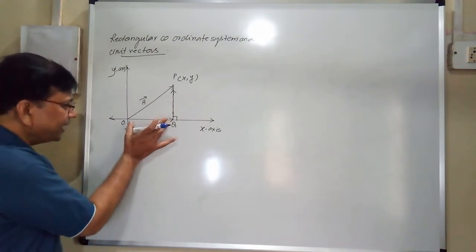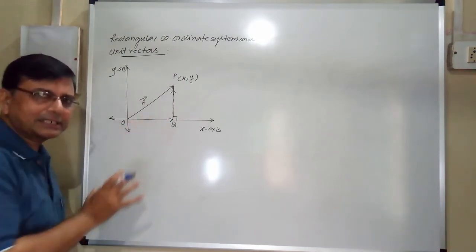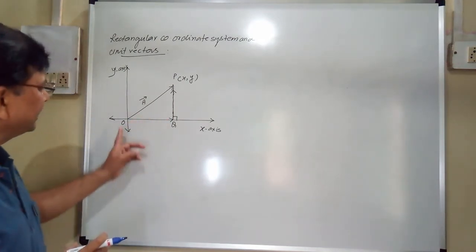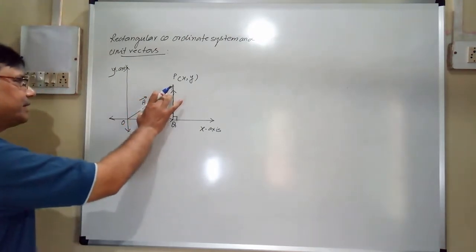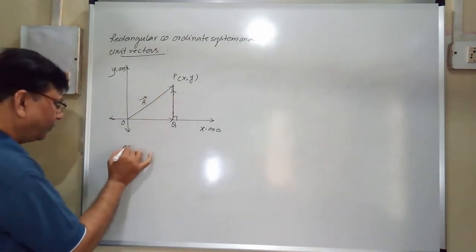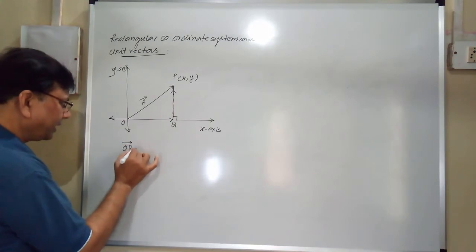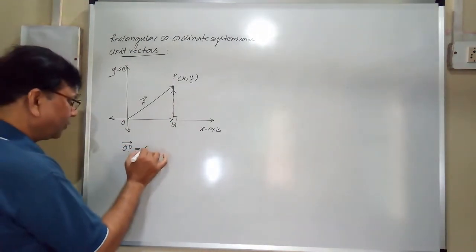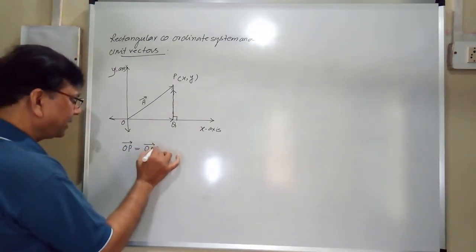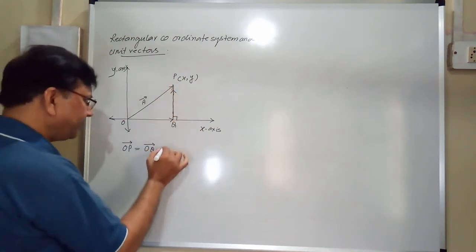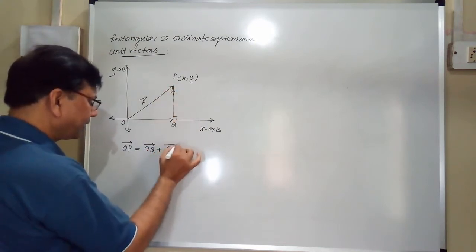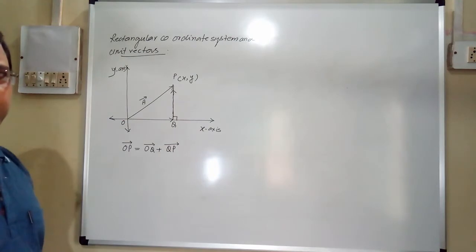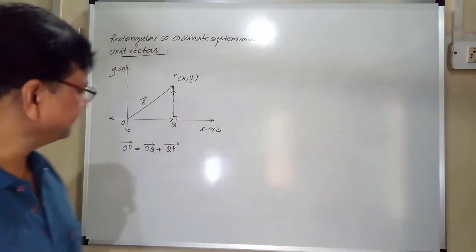Here, this length OQ represents the magnitude of the vector OQ. Now you see the vector OP is equal to OQ vector plus QP vector by the triangle law of vector addition.